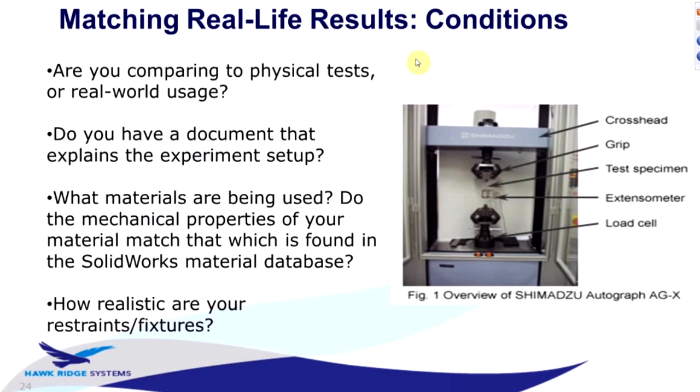And this goes back to a point that Glenn made on Tuesday, which is that even though the built-in SOLIDWORKS material library is really handy, you should always make sure that the properties that you're assuming are the same as what you've been given, which, of course, you can get from your vendor or try to validate from a number of other sources what material you're actually using. And, of course, also the realism in any restraints and fixtures and how the model might be attached to the rest of the framework or whatever it is a part of in the larger assembly is all accurate.